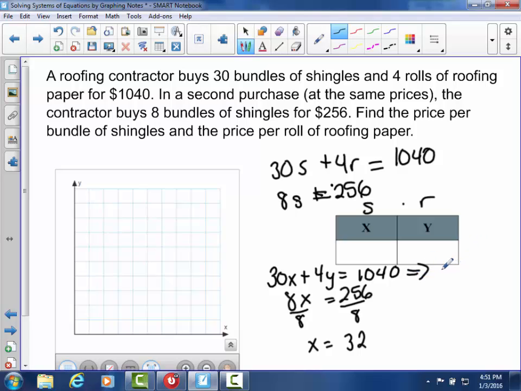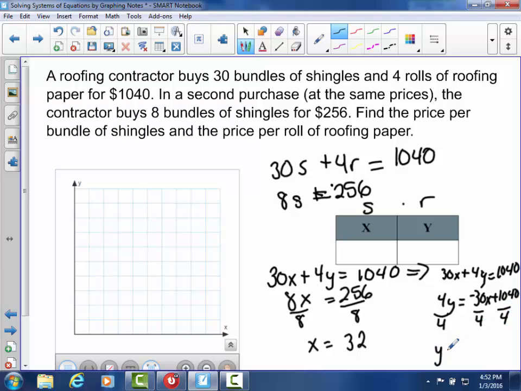We'd have 30x plus 4y equals 1,040. So 4y equals negative 30x plus 1,040. Divide everything by 4.